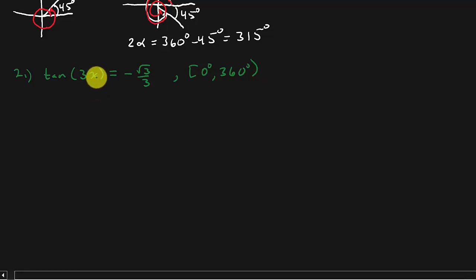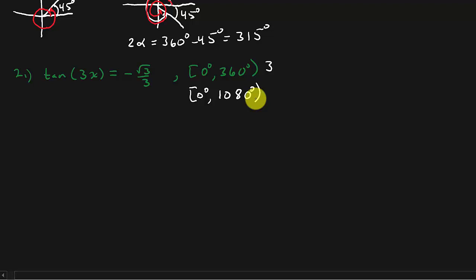See, our angle's x now instead of alpha. But what do I have? I've got 3x, and this is for x. So what do I have to do? I have to multiply this by 3. So that's going to be between 0 and 360 times 3, which is 1080 degrees.